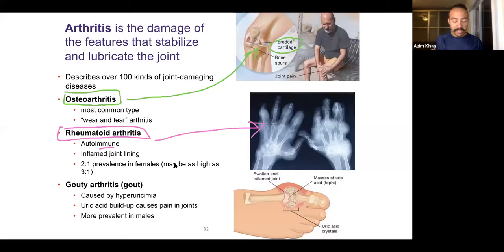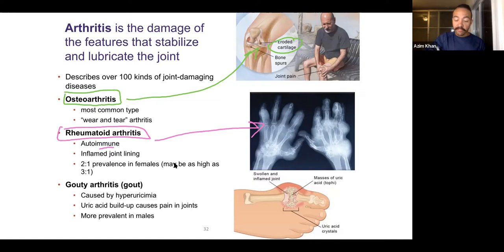It tends to be more prevalent in females than in males, likely due to hormone levels. It is somewhat treatable with medications, but there's no cure for it. It's hard to combat your own immune system when it's doing the wrong thing.